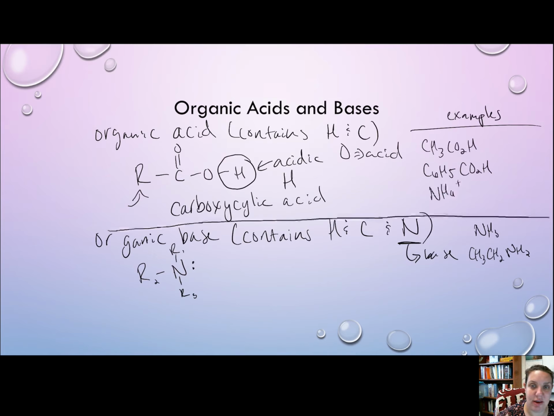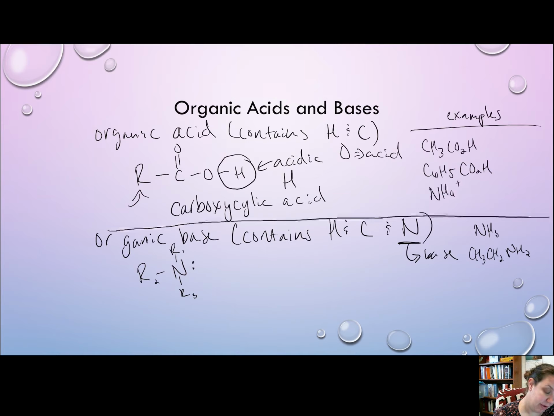A Lewis acid is going to be an acid that is electron deficient. So it needs a pair of electrons to complete an octet. Such as with BCl3, this has an empty orbital right here, and it only has 6 electrons around it.